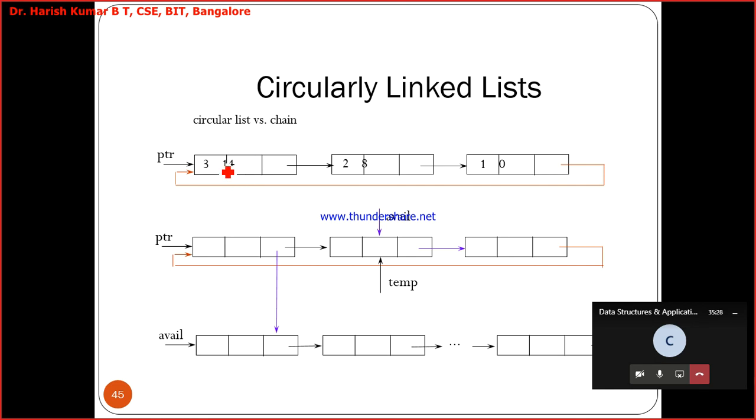I have a PTR. This is one node. I have two info fields here, and then this is the link field, and the last node is holding the address of the first node.